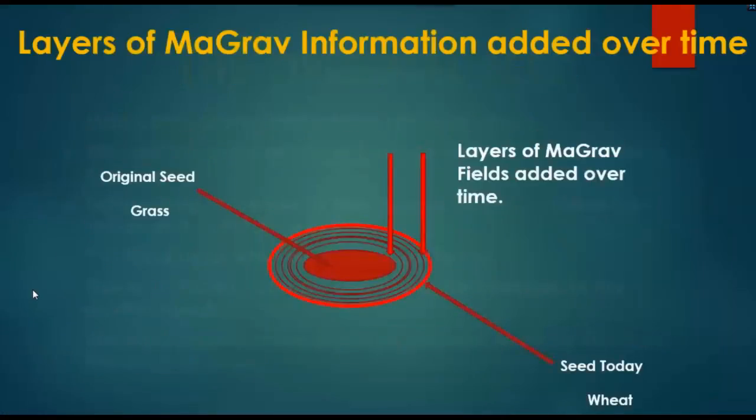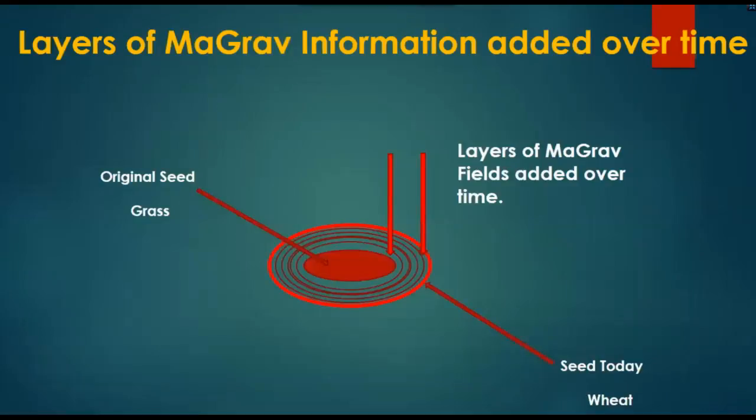If one could try to illustrate or imagine, the only way I could do it was, if you look at our original seed there in the middle, and over time, very much like the rings of bark when you cut a tree, we're just adding layers and layers of information, layers of different conditions that that plant was exposed to over time, which is all translated back into the seed when that plant seeds.